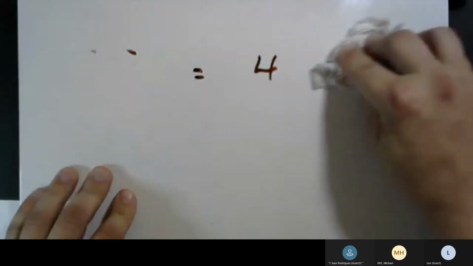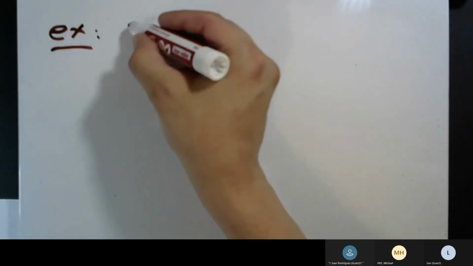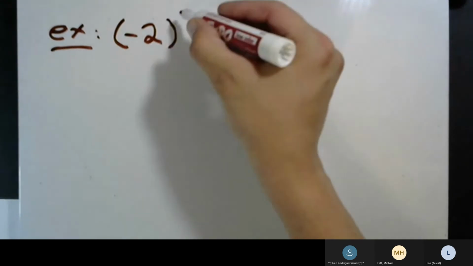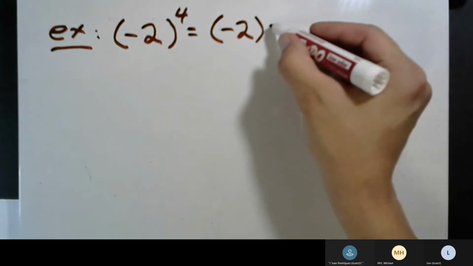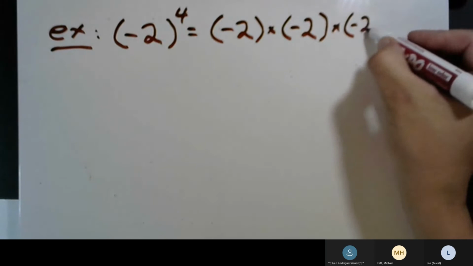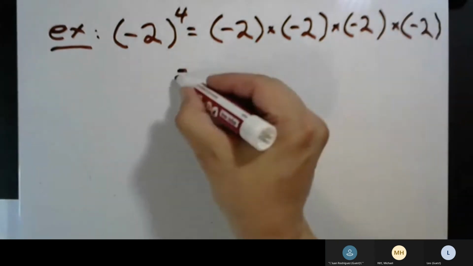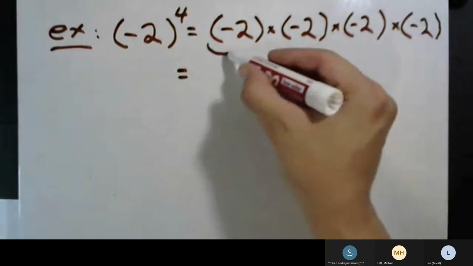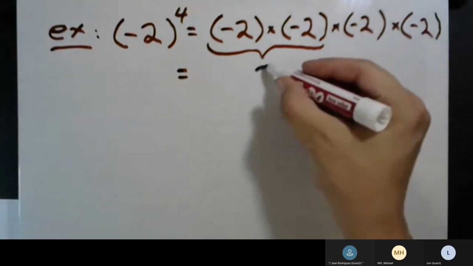All right. Now let's take -2 and give it an even exponent. Let's give it a 4. So -2 times -2 times -2 times -2. These right here, again, negative times negative, the signs are the same, so you get a positive.